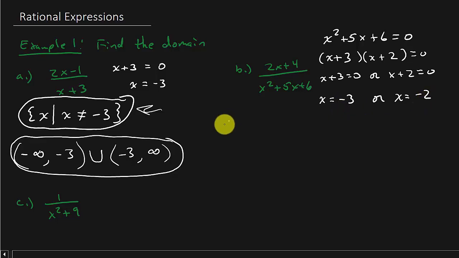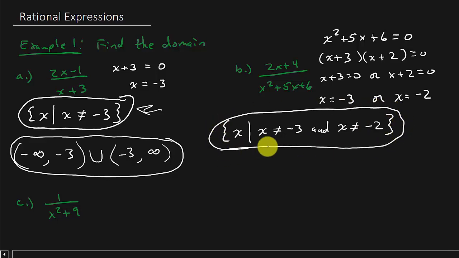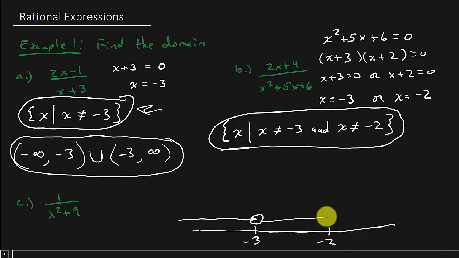So we could write that as the set of all x such that x does not equal negative 3 and x does not equal negative 2. All right, so that's one way. Now the other way, just like I did here, is interval notation. Let's plot both numbers on the number line, and the domain is everything except for those two numbers.